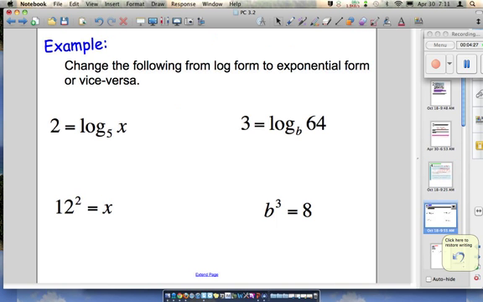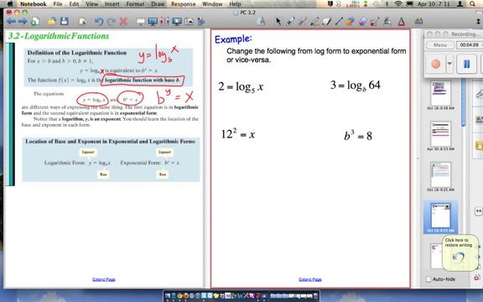So let's take a look at this example here. We're going to change the following from log form to exponential form or vice versa. So let's read this first one. 2 equals log base 5 of x. That is saying 5, that's the base of my exponent.